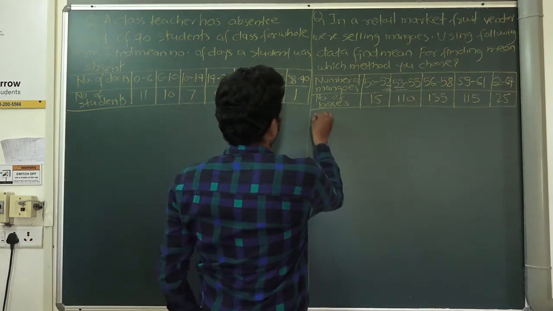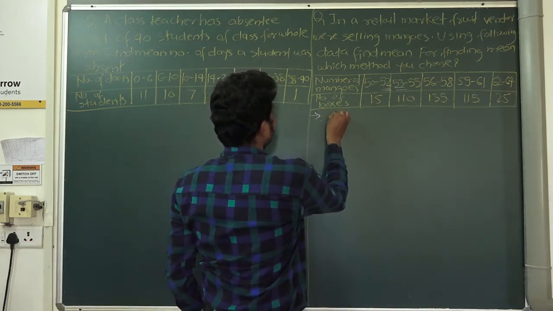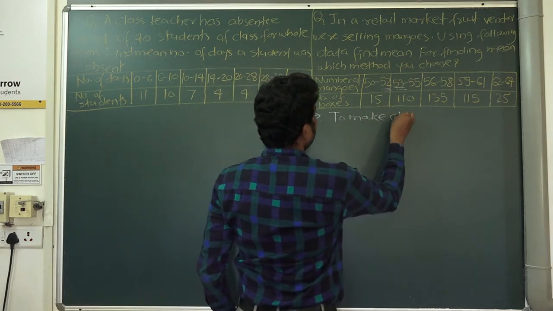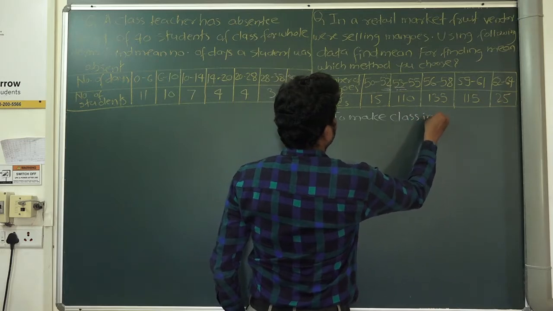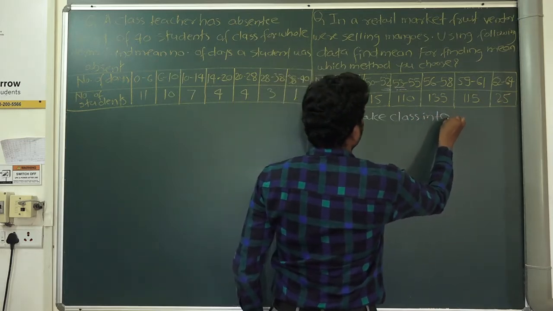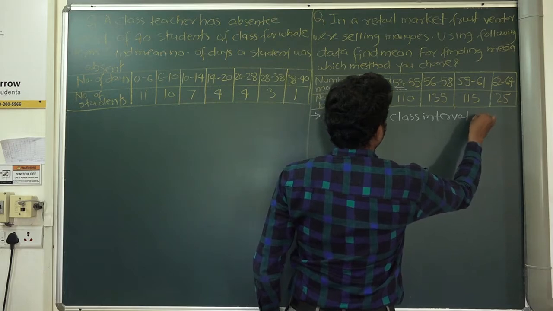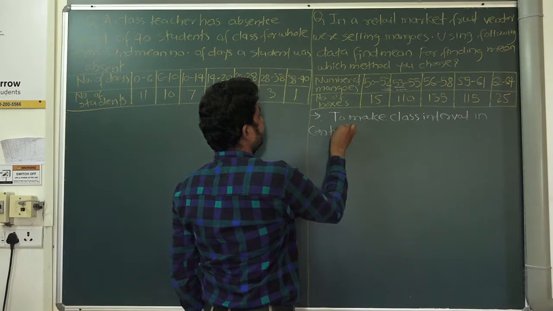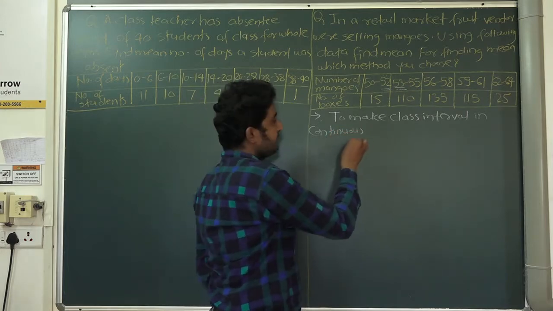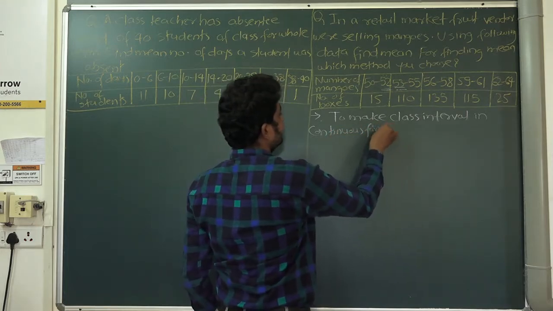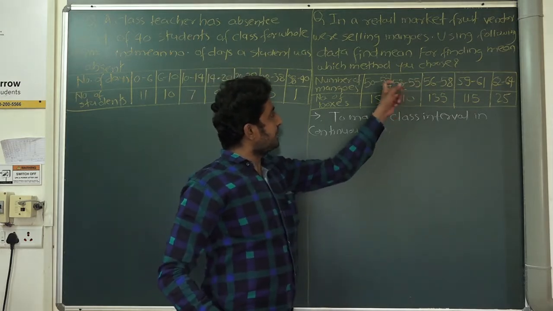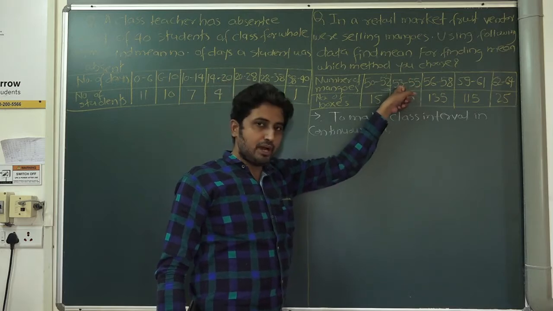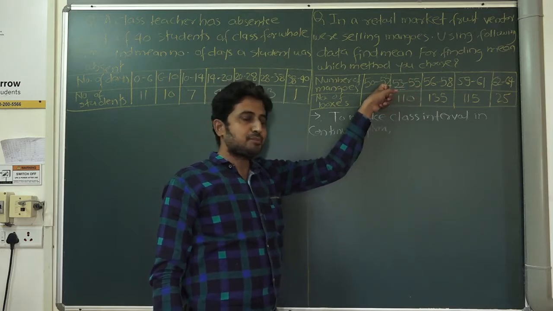Now here, in order to find a solution to make the class interval continuous, what do we have to do? Consider the class intervals. Take the lower limit of the higher class and the upper limit of its previous class.